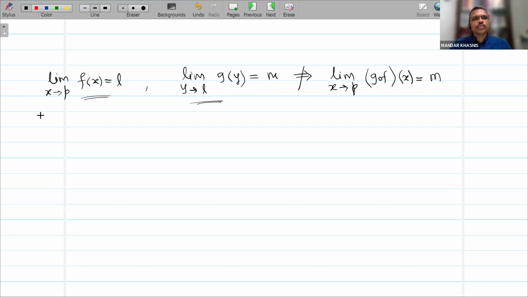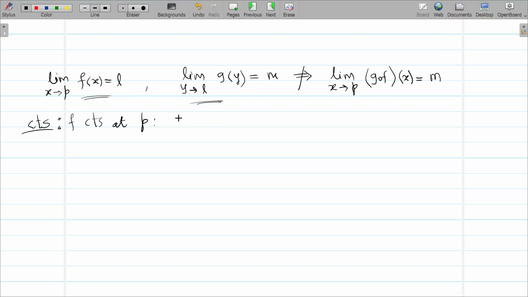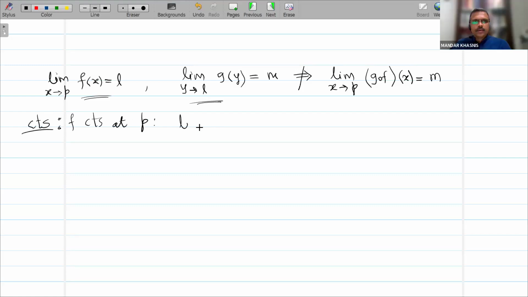Fine. So that is one small observation I wanted to mention. Let's go fast to continuous functions. What do you mean by continuity? Function f is continuous at p means: for epsilon greater than 0, there exists delta greater than 0, and now I can make use of the limit, right?